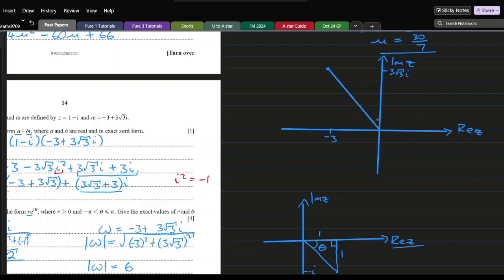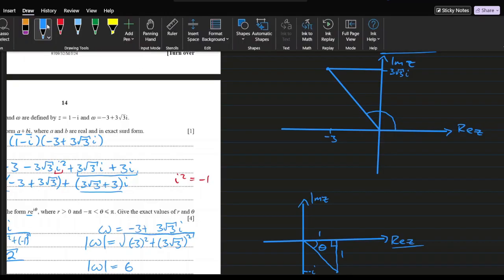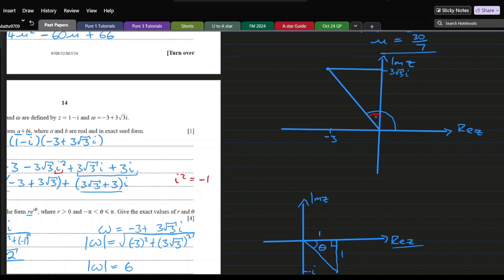And the angle that we're looking for is this angle over here, the angle that it forms with the positive real axis. The way that we're going to find it is to draw this triangle over here and start by finding the angle that's inside the triangle. We'll call this angle alpha.